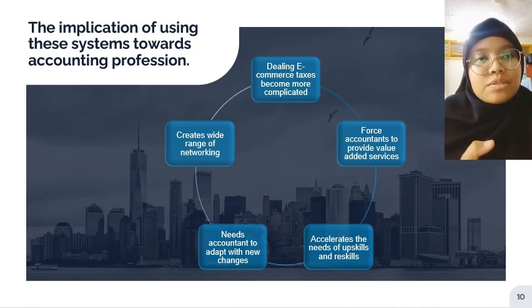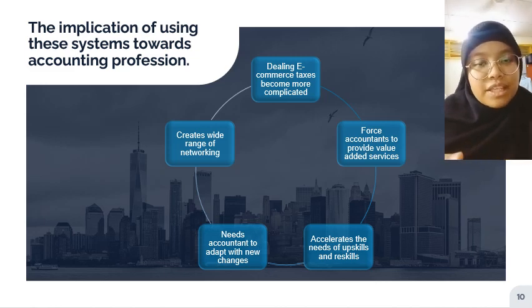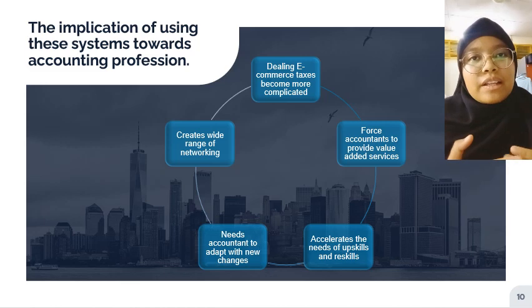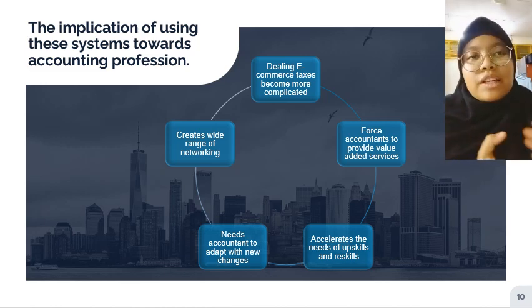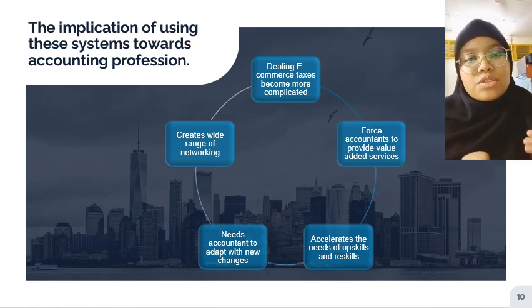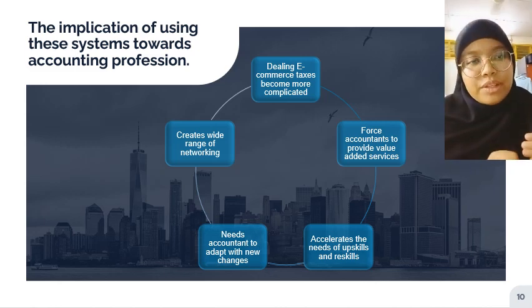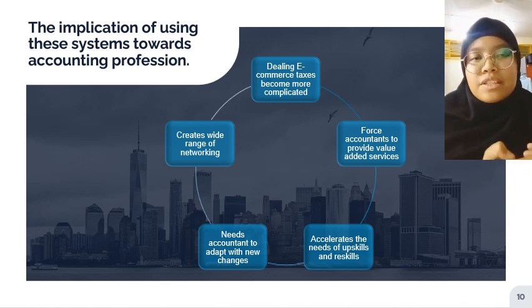And the last one is to accelerate the needs to upskill and reskill. So just like I elaborated, the accountant has to reskill themselves so that they can keep in line with the changes that happen in the accounting profession itself.